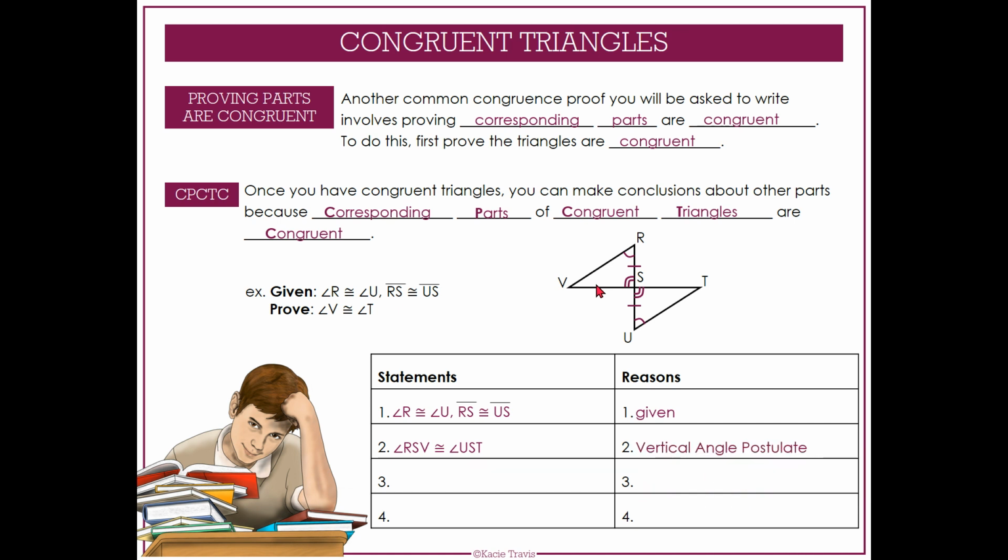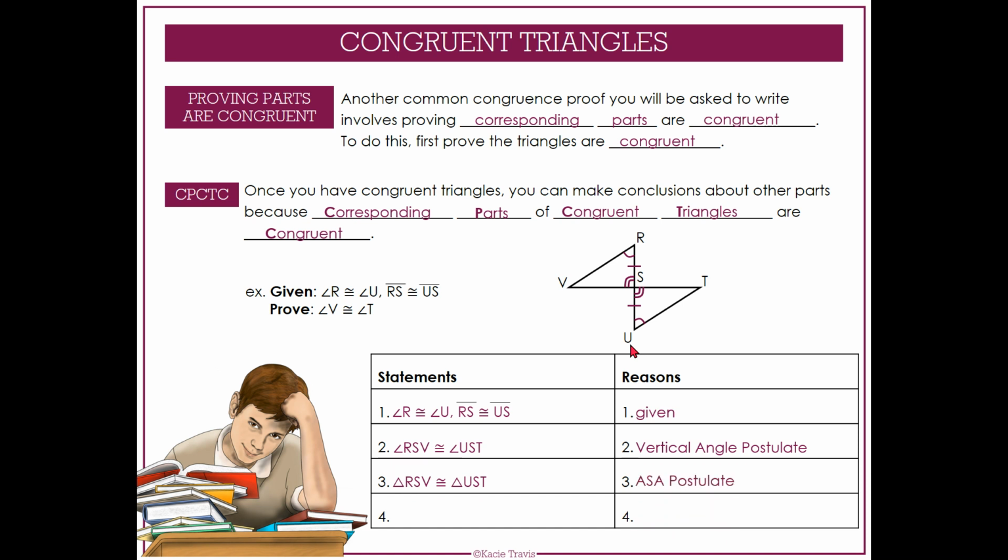Now, what I see here is that I have an angle, a side, and an angle on this triangle that is congruent to an angle, a side, and an angle on the other triangle. So if that's the case, I can now say that these two triangles, RSV and UST, are congruent because of the angle side angle postulate.